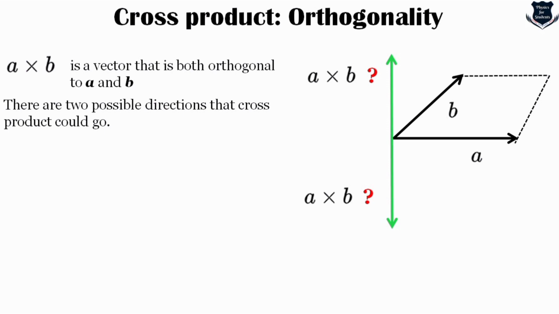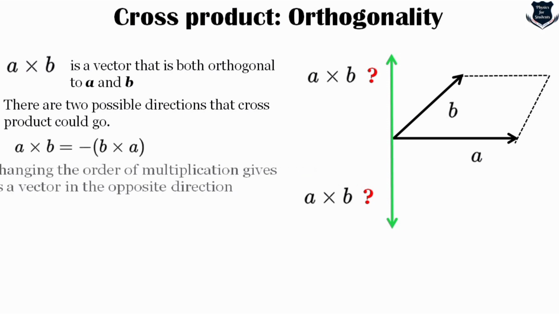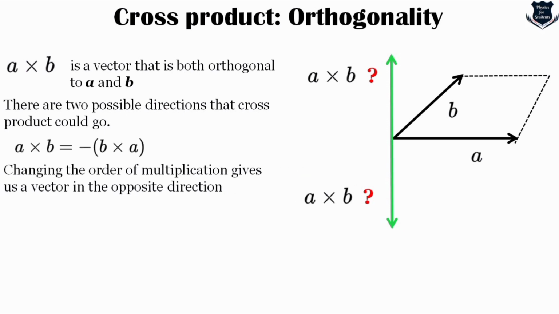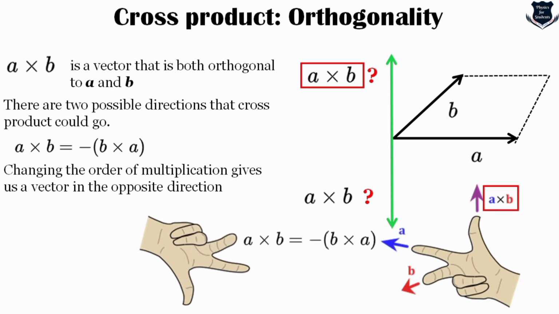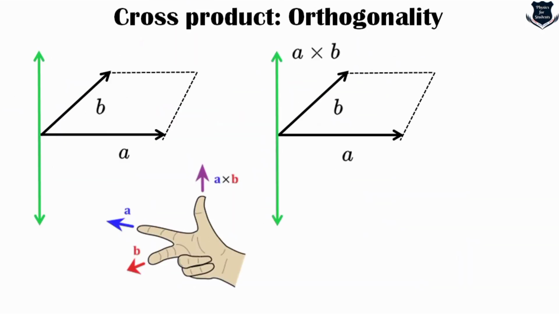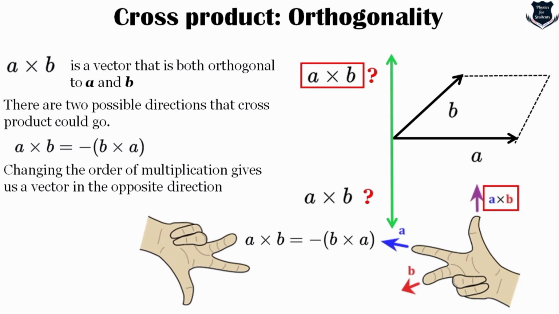So we have a normal that strikes out either above or below. So which one will it emerge as? Is it A cross B in this direction or A cross B in that direction? So remember that changing the order of multiplication gives us the opposite direction. That means the right hand rule which we just saw, if it is applied, then it will come to this, right? But whereas the finger is a little bit tilted around this area, I'm so sorry, then it will lead to the anti-commutative law, right?